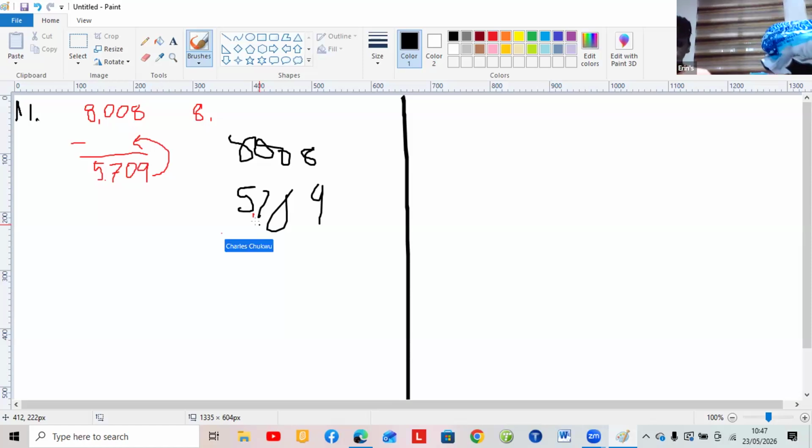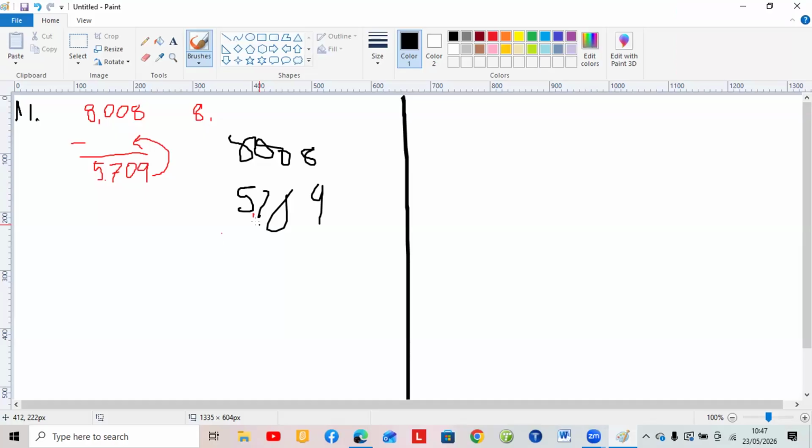Calm down now. Just correct us. Which one is it? 5.079, right? Yes, sir. And Faith is saying no, it is 5.709. Everybody can make mistakes now. It's me that wrote it. That's why I usually say let's get the question well first. So it's 5.079, right? Yes, sir.